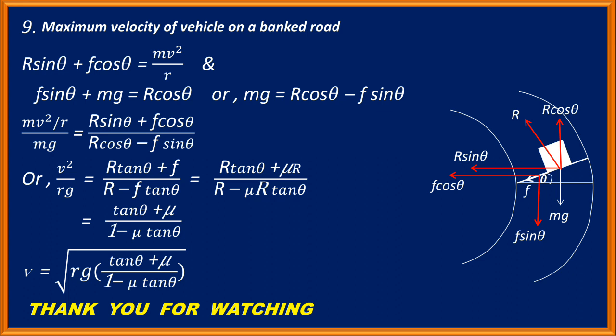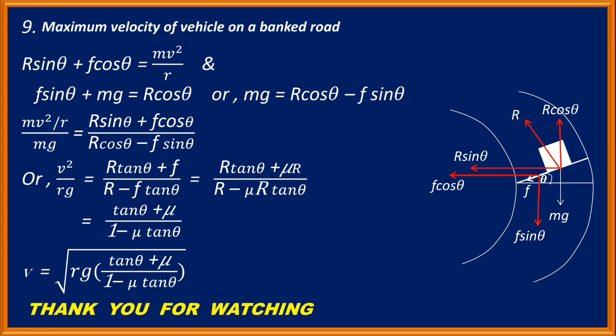Now since the frictional force F is taken into consideration, frictional force F has also two components, that is F cos theta along horizontal side and F sin theta vertical side.